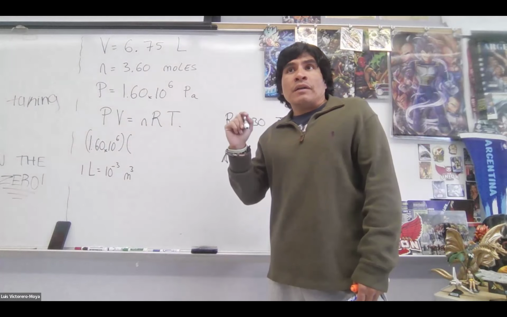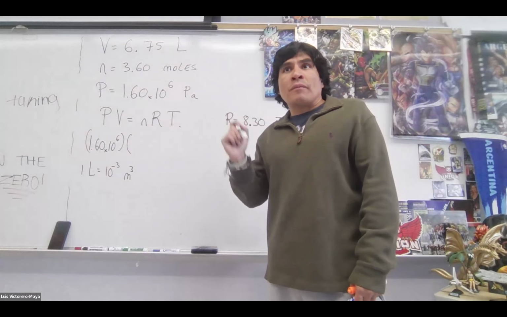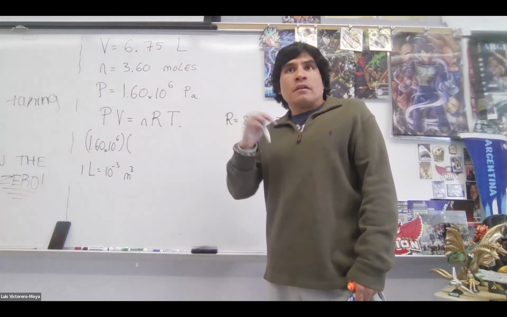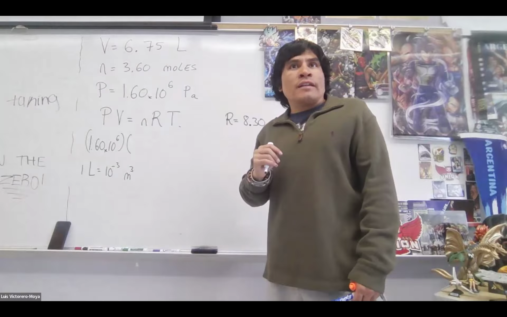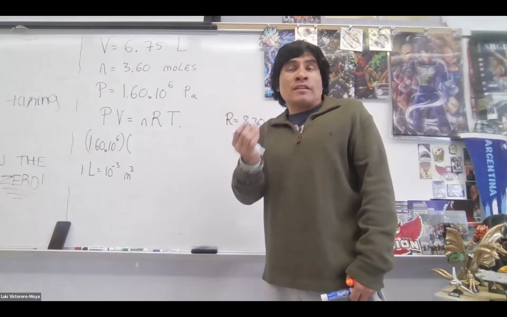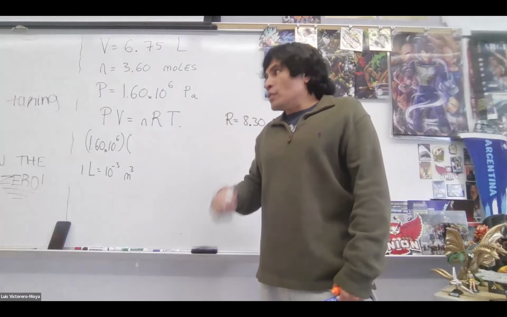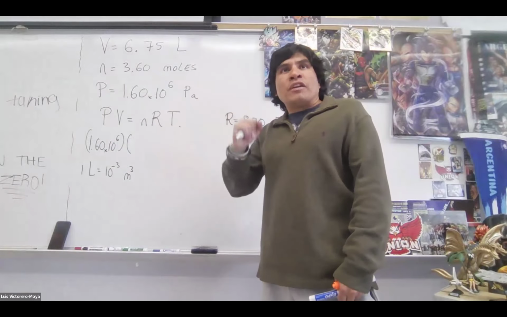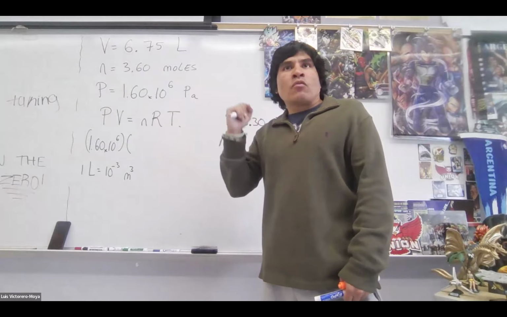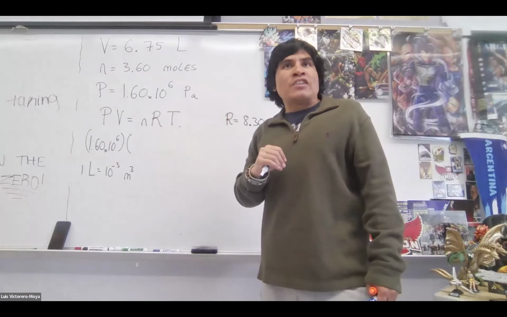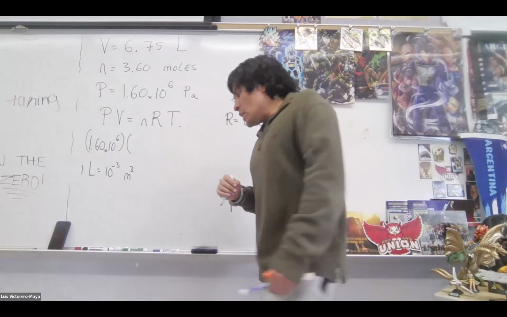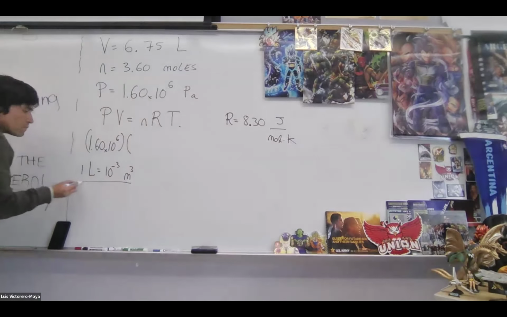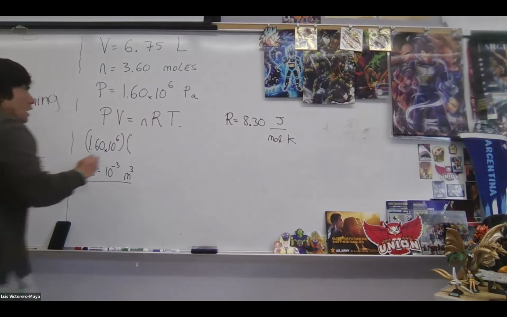So if the density is 1,000 kilogram per meter cube, then 1 liter will be 10 to the negative 3 meter cube for the case of water. So it's a relationship that we can also use in chemistry. All right, so I can use that.